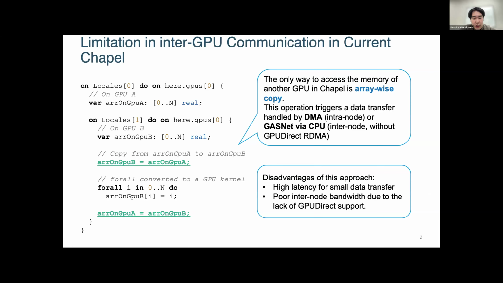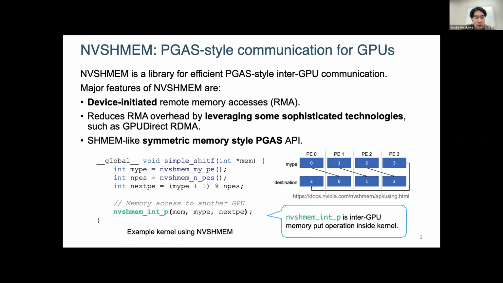However, this approach has a few drawbacks. For small data transfers, the latency is quite high, and without GPU direct support, the internode bandwidth cannot be fully utilized for small data.